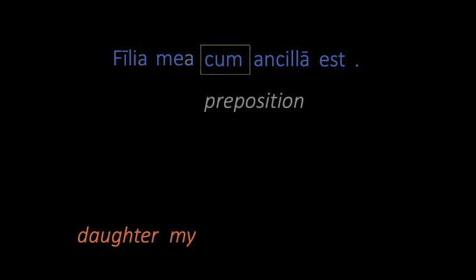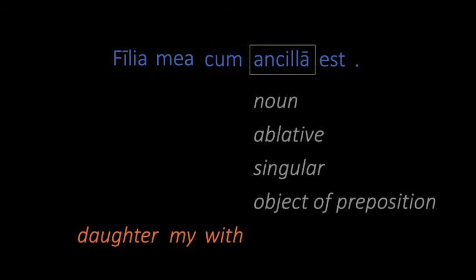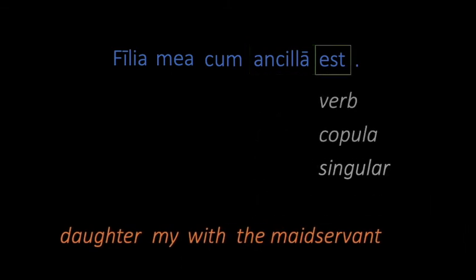Cum is just a preposition meaning with. Ancilla is a noun in the ablative singular case. It's the object of the preposition cum. Its meaning is the maidservant. Finally, we have est, which is a verb. It's a form of the verb to be, so we're looking at a copula here. Its form is singular, so it agrees with the subject filia.